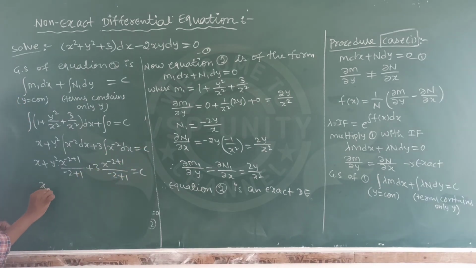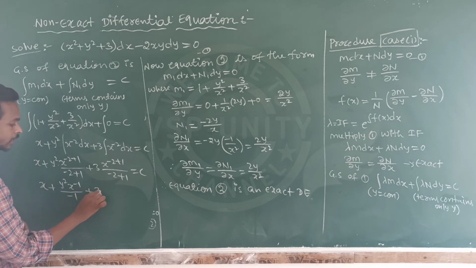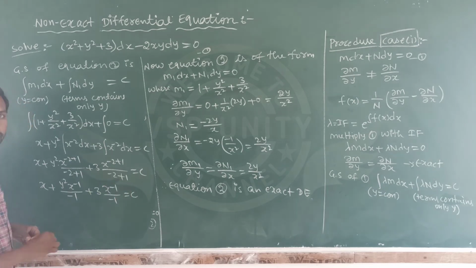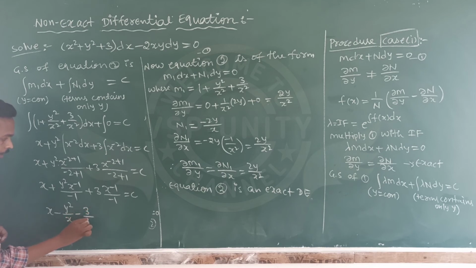So finally it is x plus y square times x power of minus 1 divided by minus 1, plus 3 times x power of minus 1 divided by minus 1 is equal to c. Finally it is x minus y square by x minus 3 by x is equal to c. This is the general solution of the given differential equation.